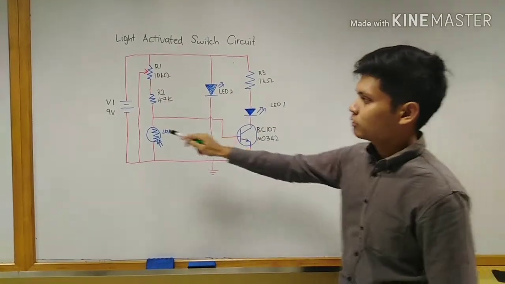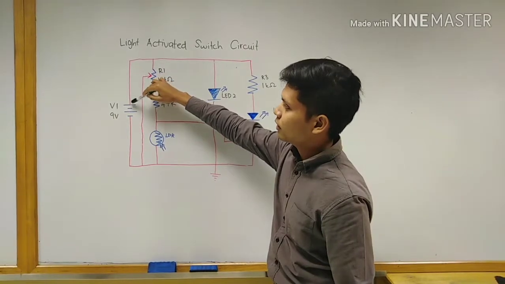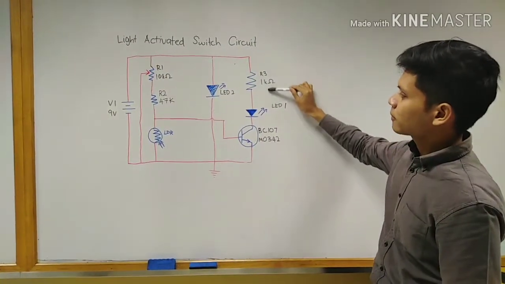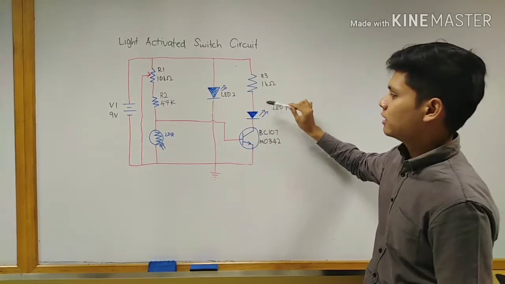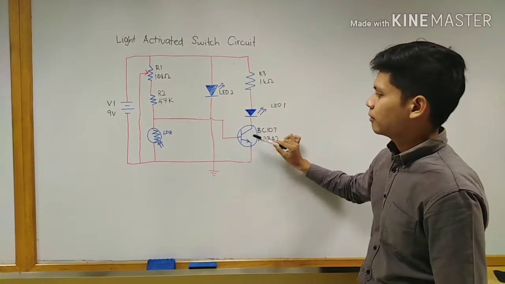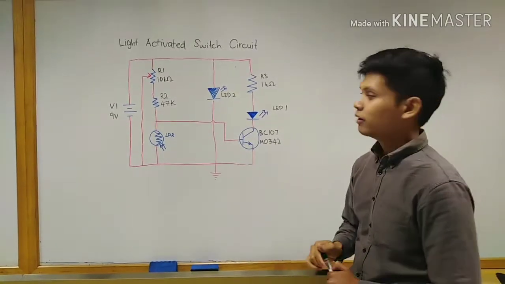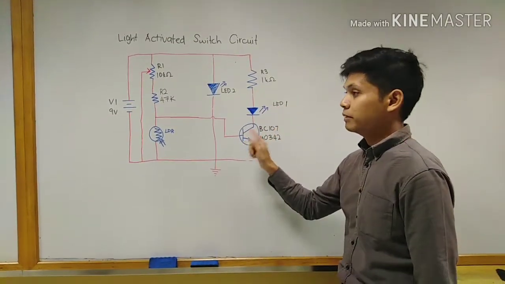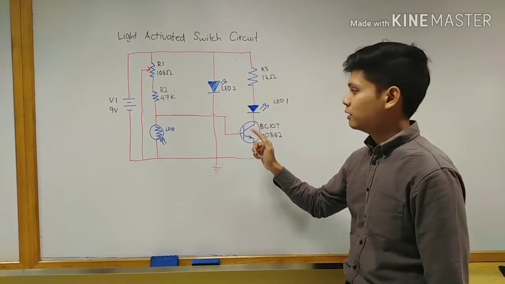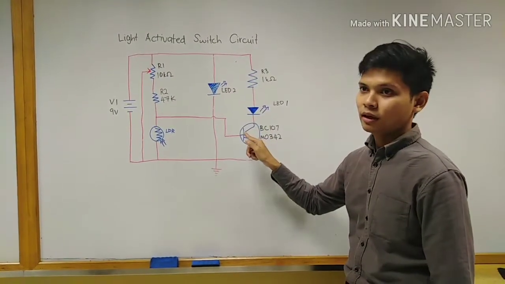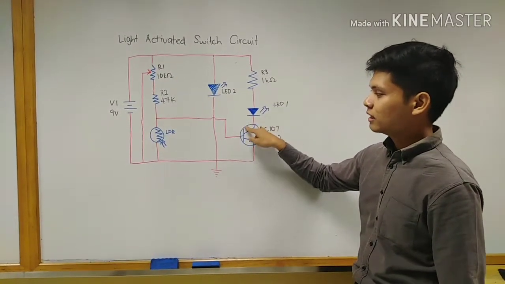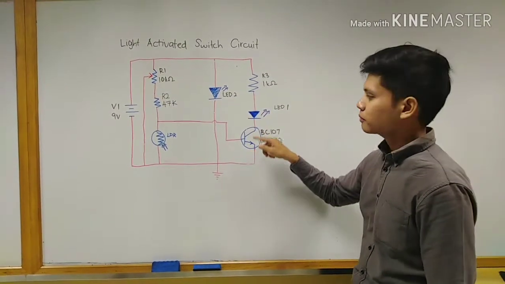As we can trace here, from the source it goes through here, then passes through the LED and goes through the transistor. But we need to identify whether the transistor base has a current flow or not, because the current flow on the base determines whether the collector and the emitter are connected.